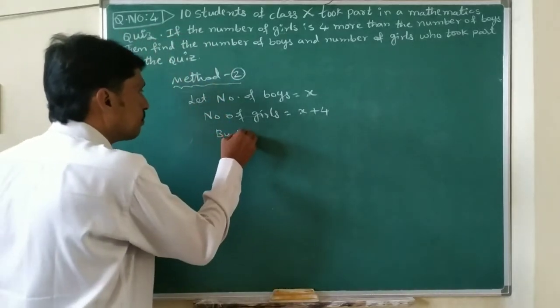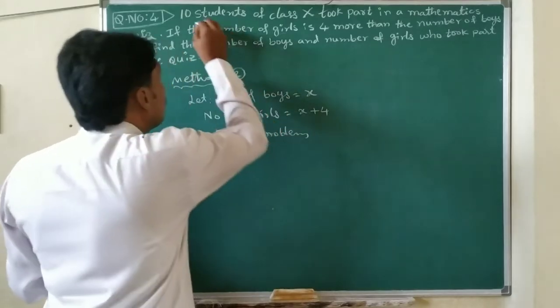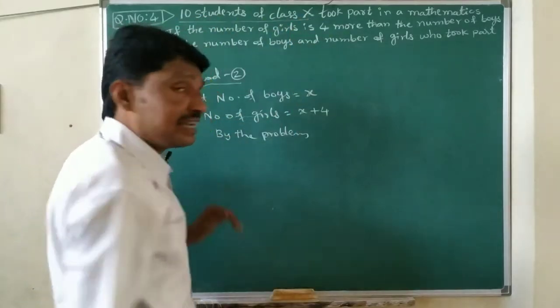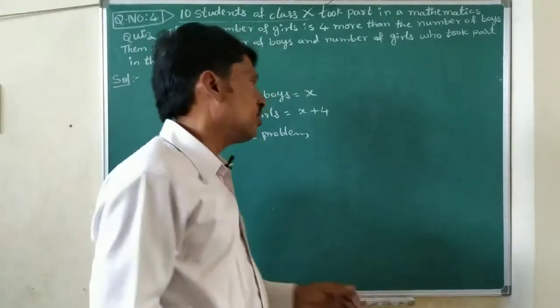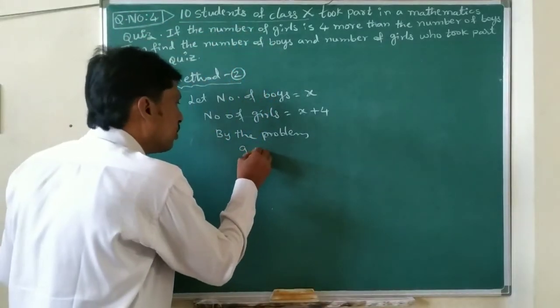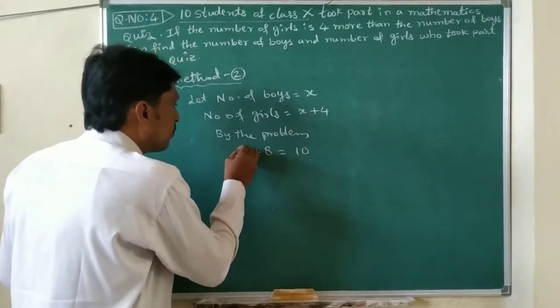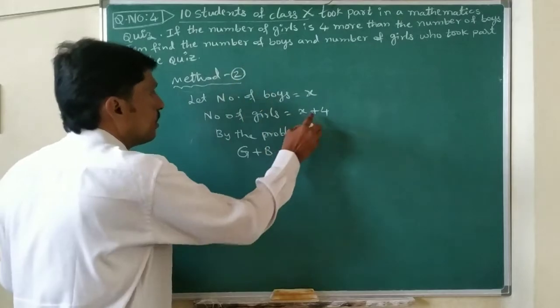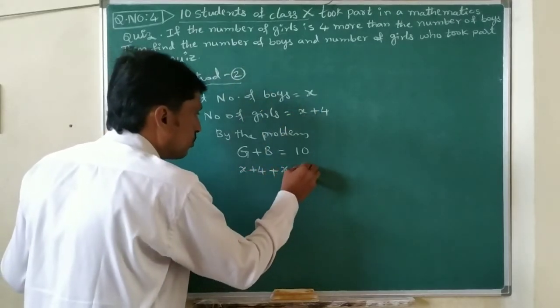According to the problem, what is given? Total students will be 10 members. Total students means girls plus boys. So girls plus boys equal 10. Girls, how many here? x plus 4 plus boys is x equal to 10.